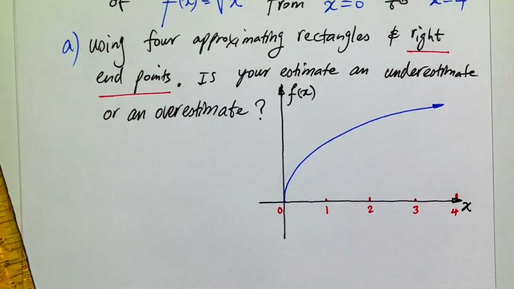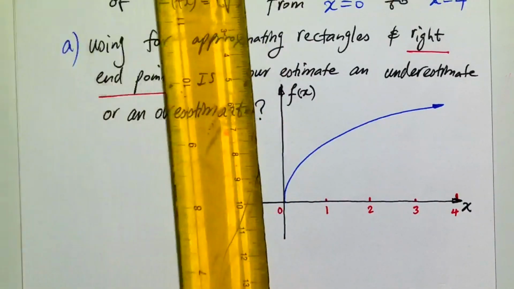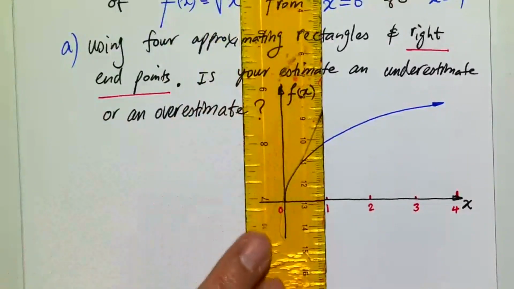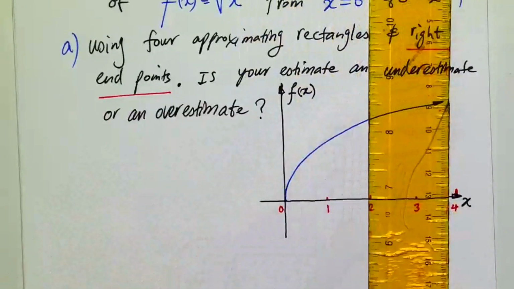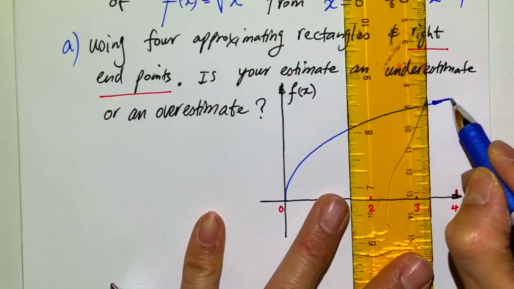And using the right point approach, we're going to make sure that the right side is on the curve. So let's draw them. I'm going to draw here, that way I don't have to worry about smearing the ink all over my paper.